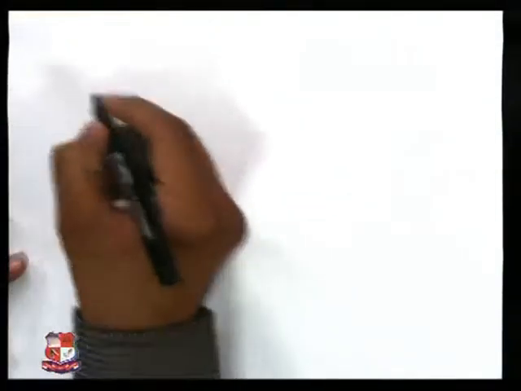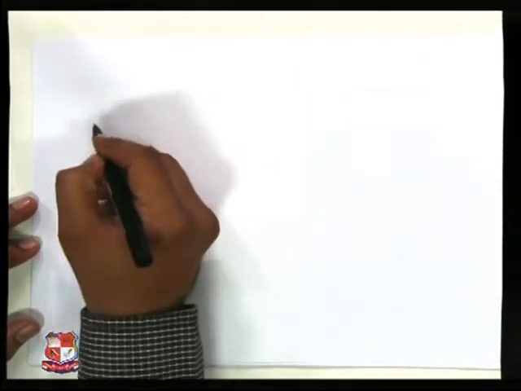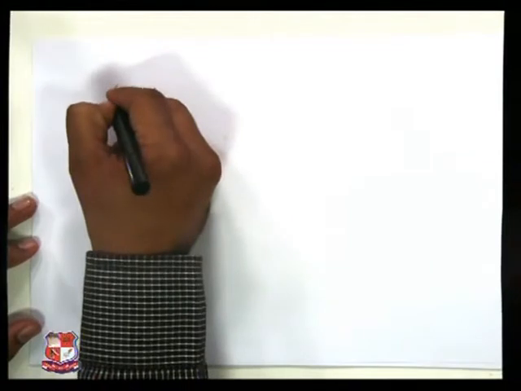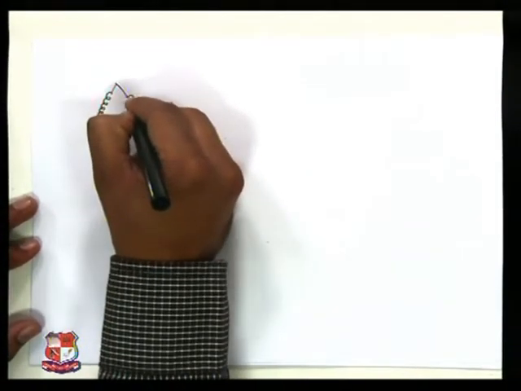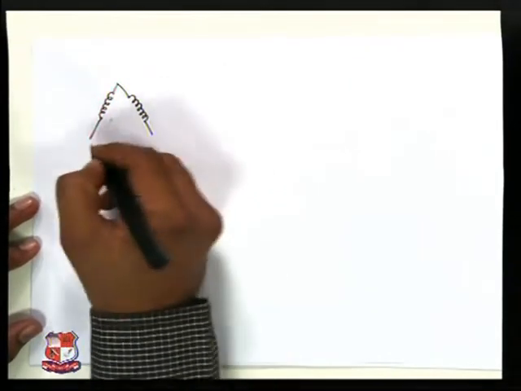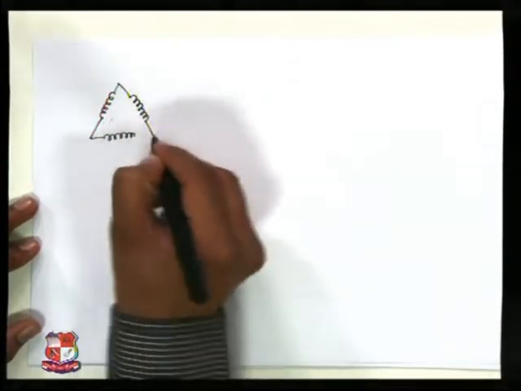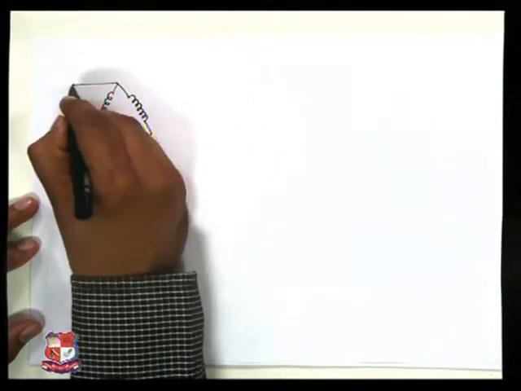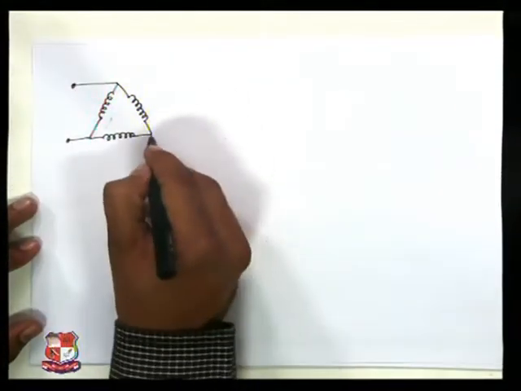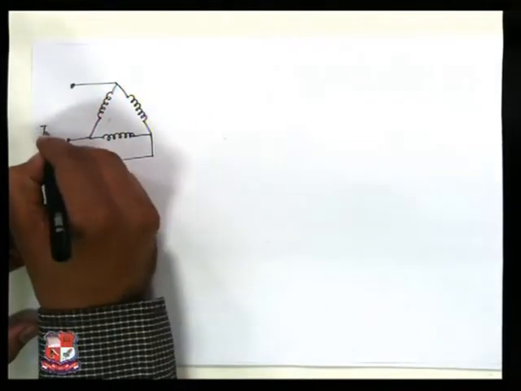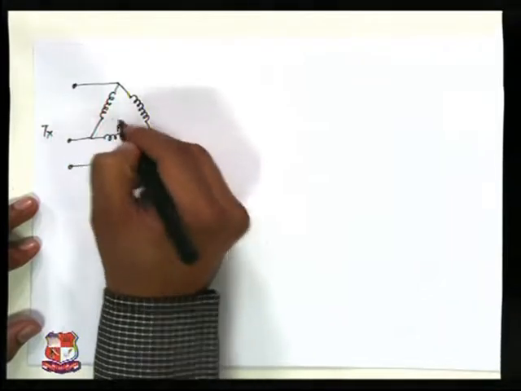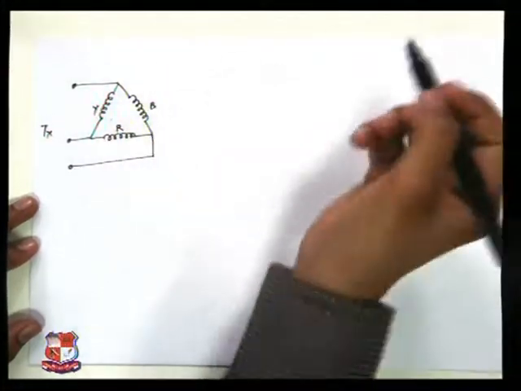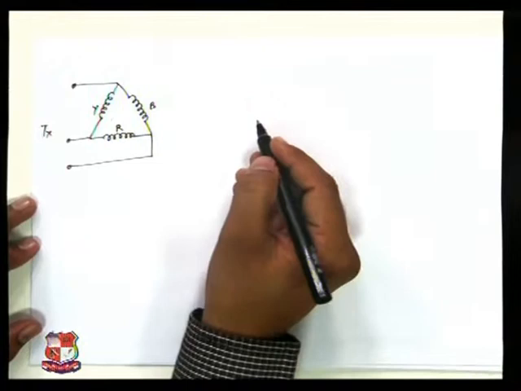The primary winding is the delta winding or the delta connection. So this is our transmitter section, where it is also known as a primary winding, phase R, Y and B. Now what about the receiver side?